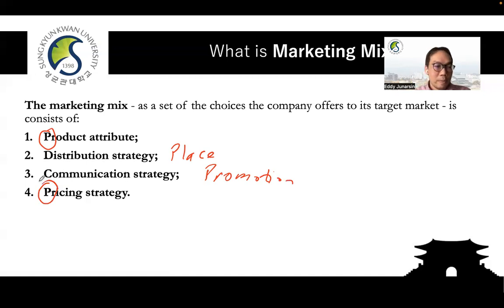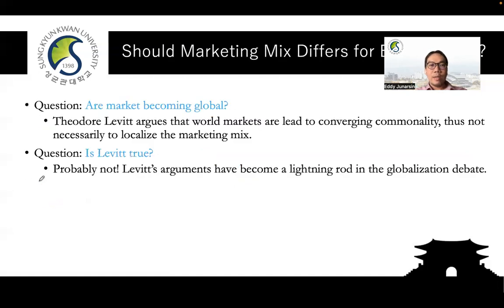And nowadays we have more studies and research findings that show more components and more factors that constitute the marketing mix. But again, the classical, conventional marketing mix has the 4 Ps: product, place, promotion, and pricing.